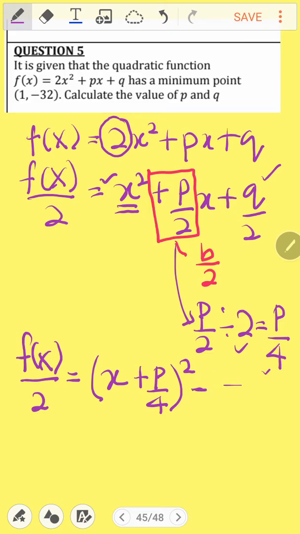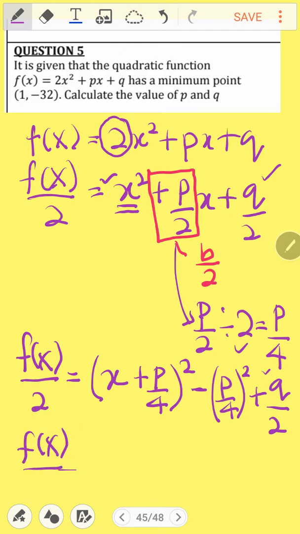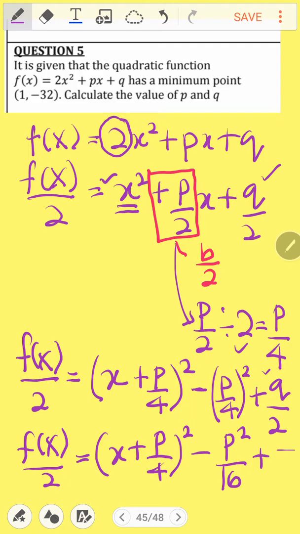Here we have to minus the p squared over 16, which is p over 4 squared. And then we have to plus back the original term that is q over 2. Now we can rewrite it again: x plus p over 4 all squared minus p squared over 16 plus q over 2.